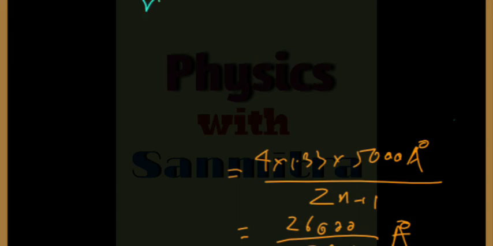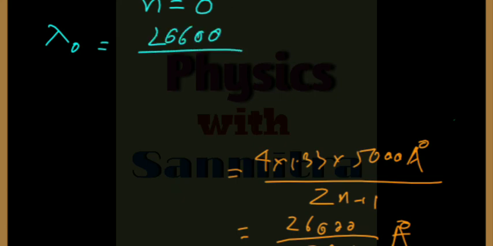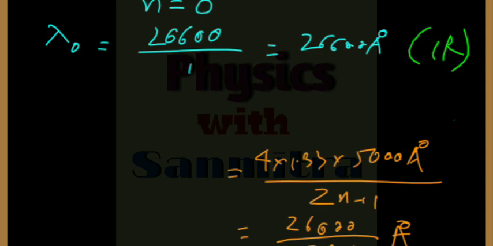Now n is equal to 0. If n is equal to 0, lambda 0 is 26600 divided by 1, that is 26600 Armstrong. This is in the infrared range. You all know the range of the visible spectrum is 4000 to 8000 Armstrong.